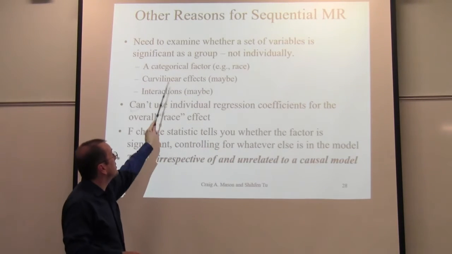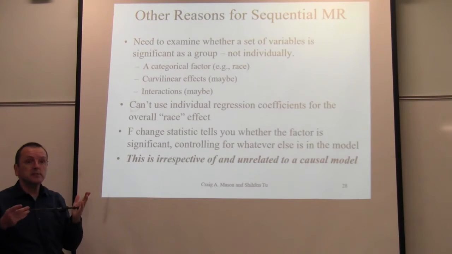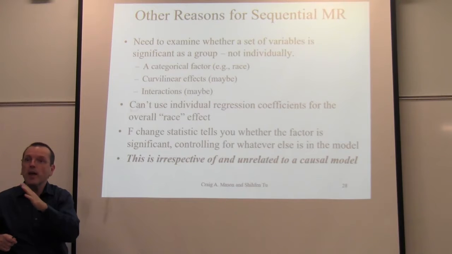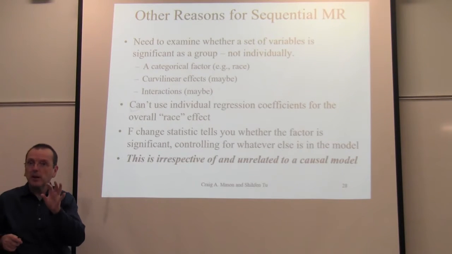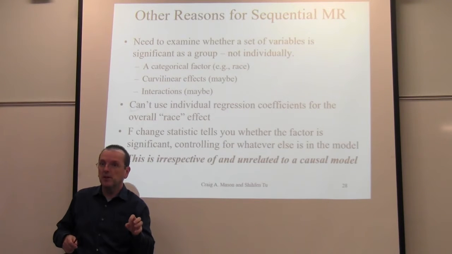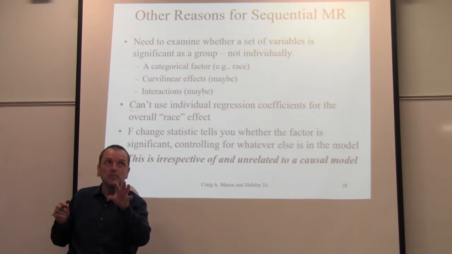So there are situations where it is okay to do a sequential multiple regression without a causal model, because there are certain effects you want to test where you have to control for other things first, and you need to enter them as a set. So the only way to do it is a sequential.